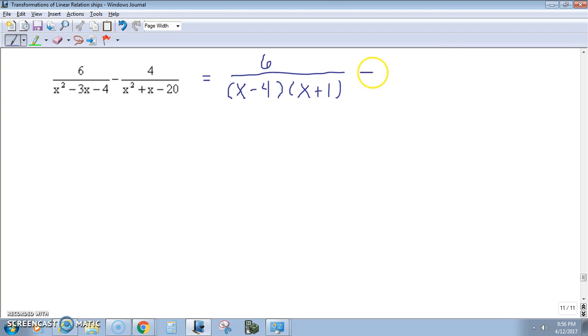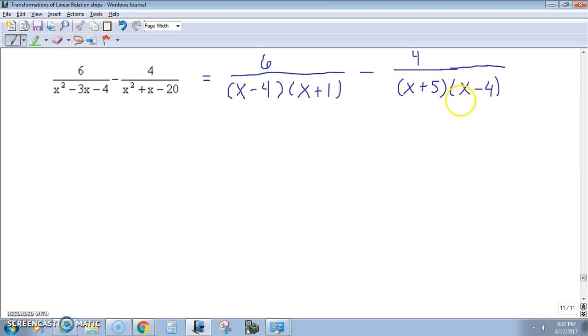Okay, minus 4 over, and hopefully we'll have something in common here. Two numbers that add up to be 1 positive and multiply together to be -20. So that's going to be x plus 5 times x minus 4.